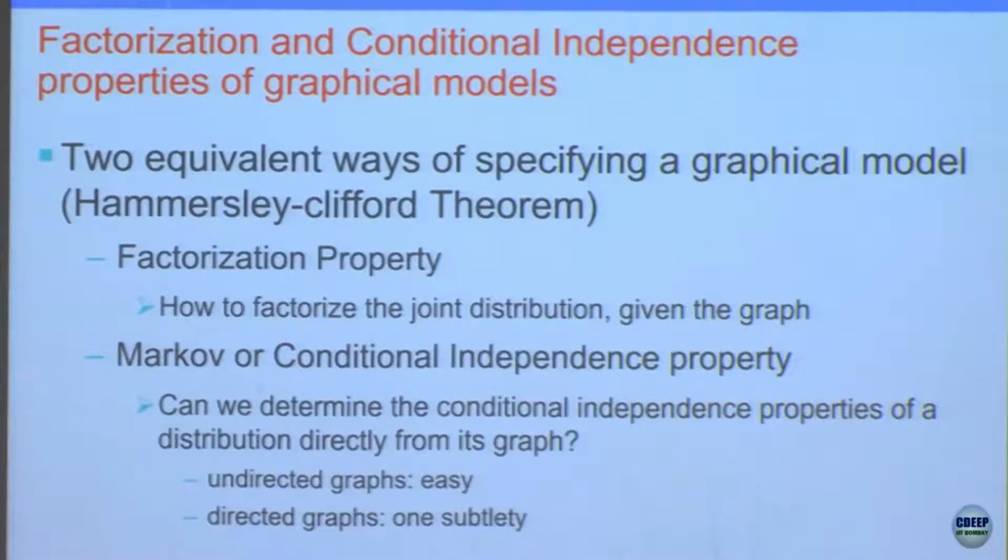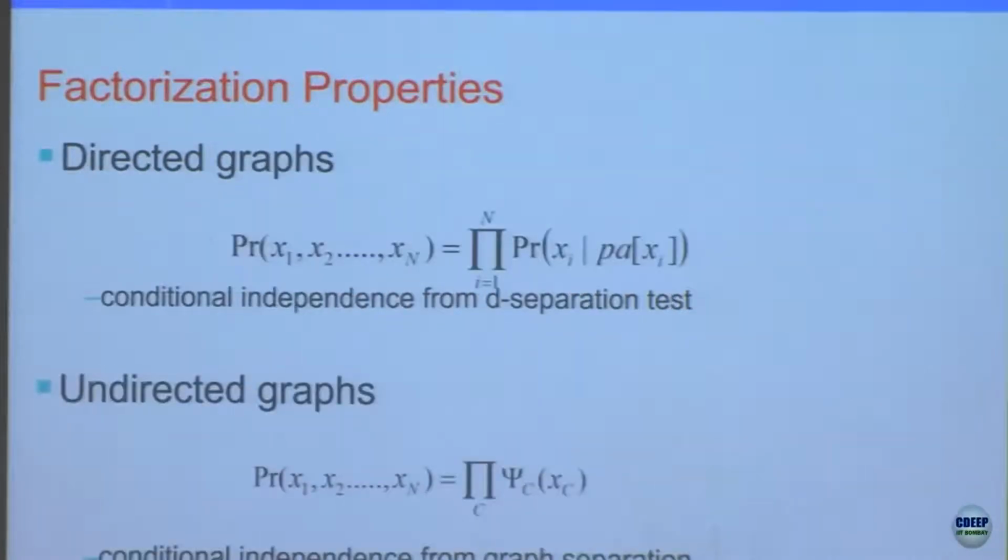Now it turns out that for undirected graphs this is very easy. For directed graphs the conditional independence is a little subtle. I will not get into the details of the equivalence in this course, but factorization you can take from me based on some intuition that I might provide. So let us look at factorization to begin with.